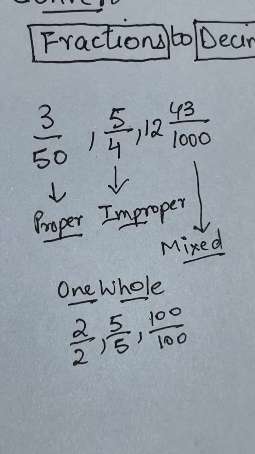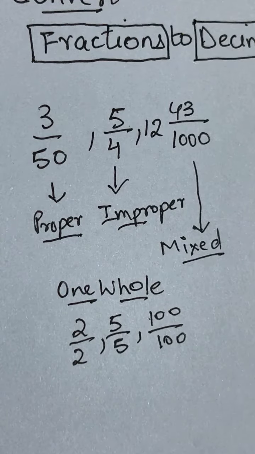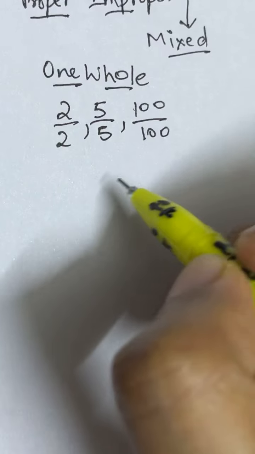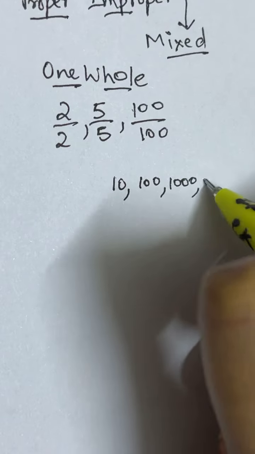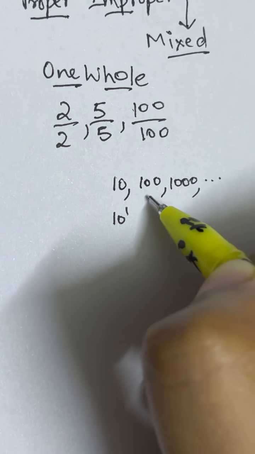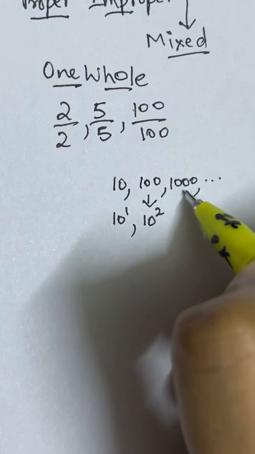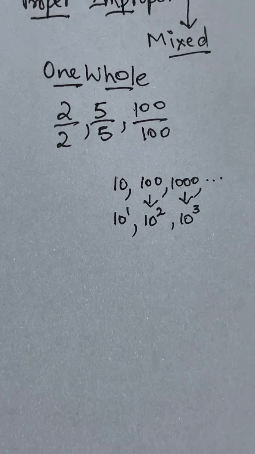So in this section we are converting fractions to decimals. How are we going to do that? First you need to understand the basics: decimals are fractions whose denominators are multiples of 10, like 10, 100, 1000, and so on. 10 is 10 to the power of 1, 100 is 10 squared, and 1000 is 10 to the power of 3.